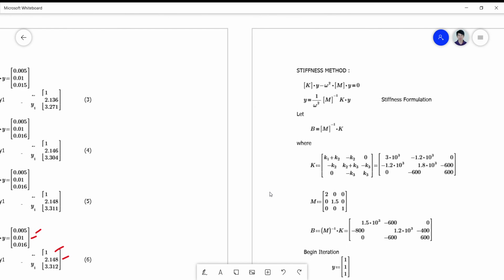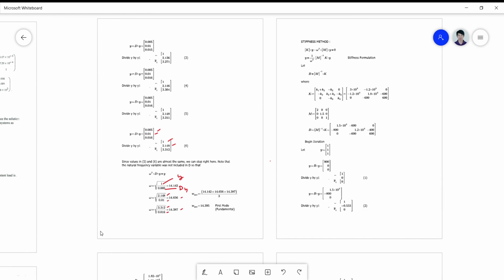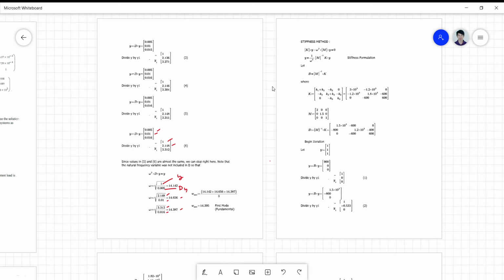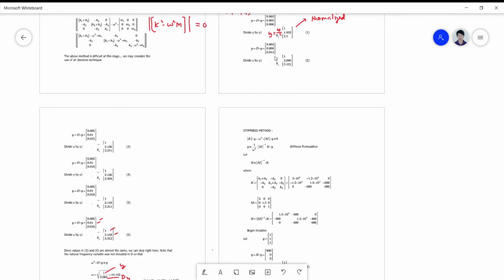Unfortunately, with this formulation, you can only get one value of your natural frequency, and so we need to take a look at another method. Sorry, this is the flexibility formulation, and we need to look at another method, which is the stiffness formulation in this form.